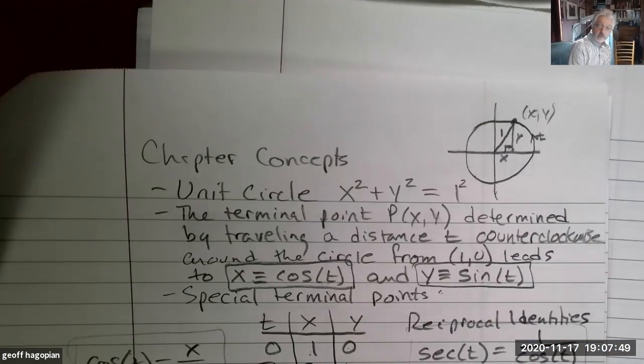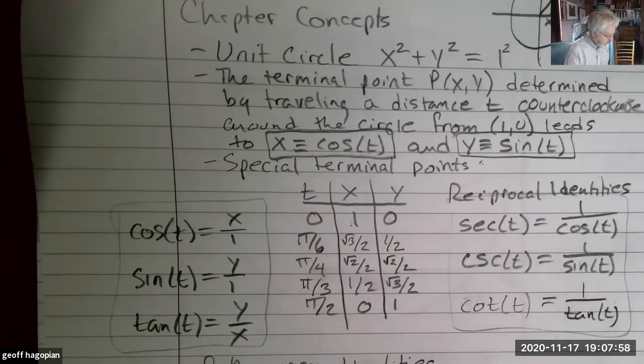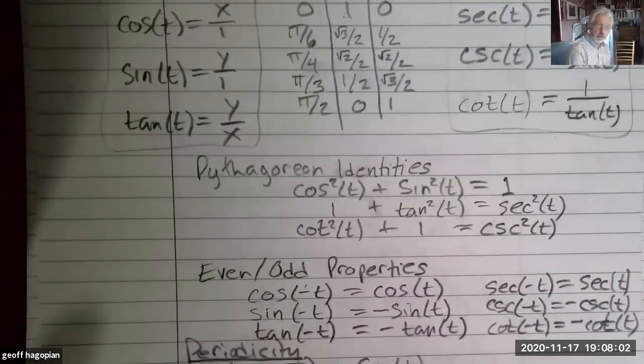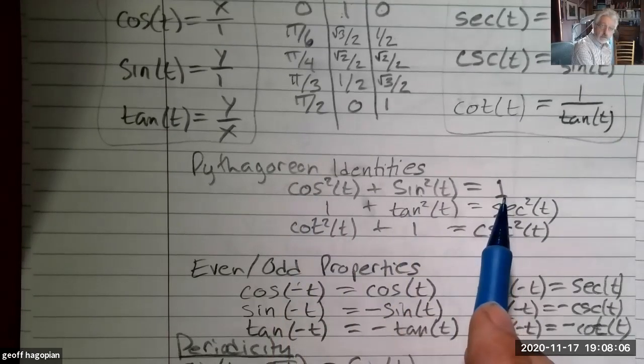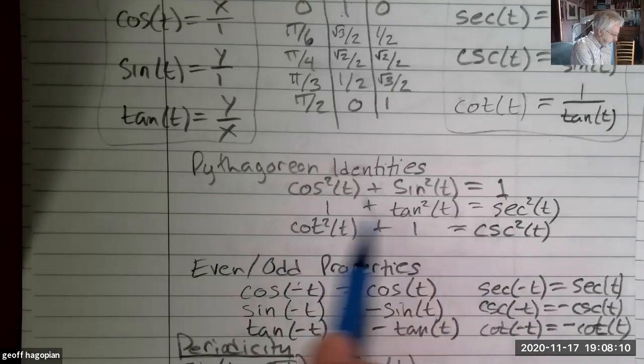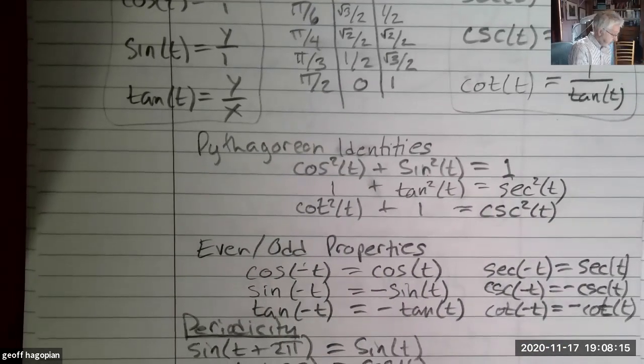You've got x over 1, y over 1, y over x, and then all the reciprocals of those. Those are cosine, sine, and tangent, and their reciprocals. All right, so the Pythagorean identities: we know x squared plus y squared equals 1 is the equation of the circle. That means we can divide through by either cosine squared or sine squared and get these other versions of that same identity.